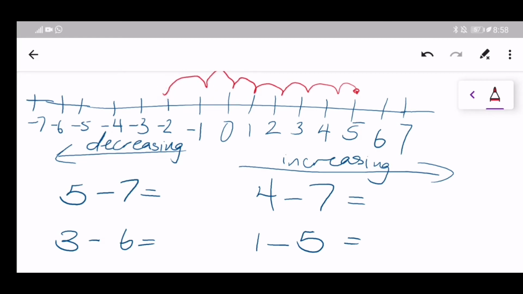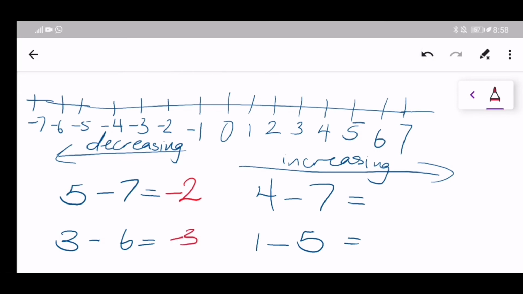So 5 minus 7 is going to give me a negative 2. The second one, we're starting from 3 and we're going again this way 6 times. 1, 2, 3, 4, 5, 6. And your answer is going to be negative 3.